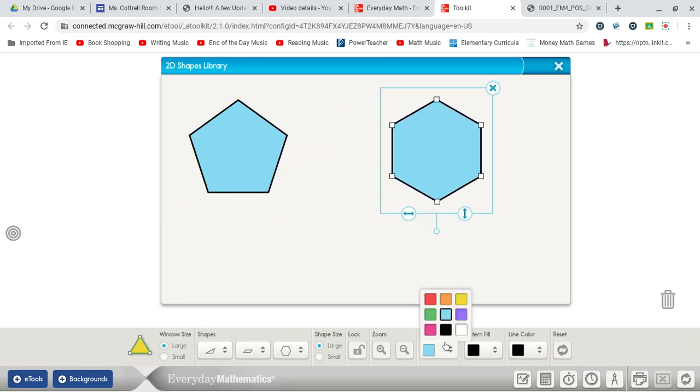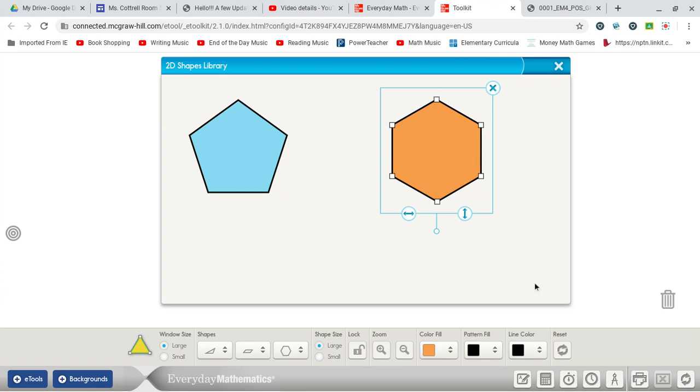And they have those names because of the amount of sides, vertices, and angles that they have. So we have 1, 2, 3, 4, 5 sides. This is a pentagon, 5 vertices, and 5 angles. Over here, we have one more extra side, 2, 4, 6, which makes it a hexagon. And we have our 6 angles in the inside and our 6 vertices on the outside.